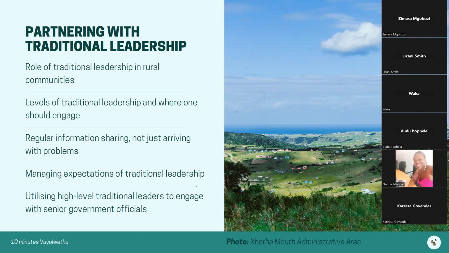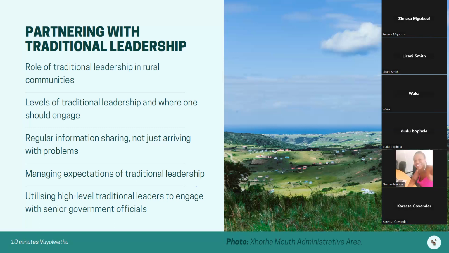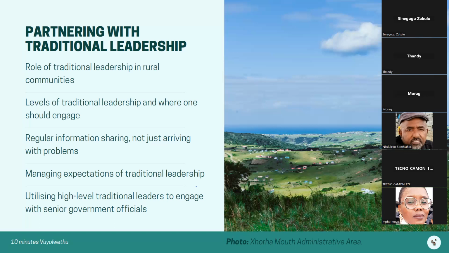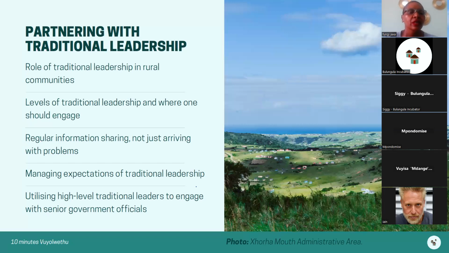When everything is done from ibodi level to Inkosi Elali, which is the headman, everything goes up now to your senior traditional leader, and you'll be able to discuss any issues or any developments that you want to do, and that's where you actually get the stamp of everything that you want to do, and also you get suggestions, anything that the traditional leadership think might be a hindrance in what you want to do. And that's where you get most of the advice on how to engage on issues and how to run the organization within that community. As we had mentioned before, regular information sharing is so vital.